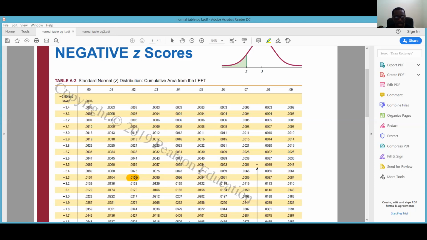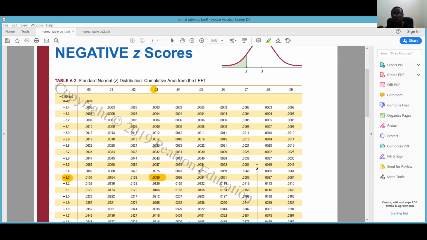This value here is 0.0102, and this is 0.0099. The second one is the closest. So the critical value in this case is negative 2.3 under 0.03, so it is negative 2.33, just the same as we got.